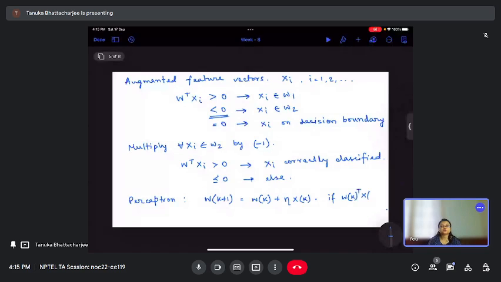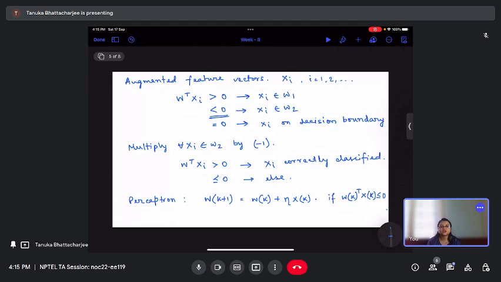So you make this update only if you have a sample misclassified. Then only you take that sample and add it to the previous iteration's weight vector.